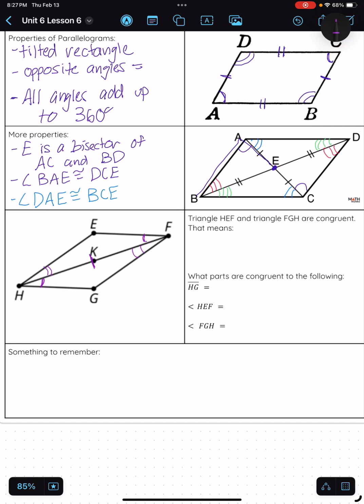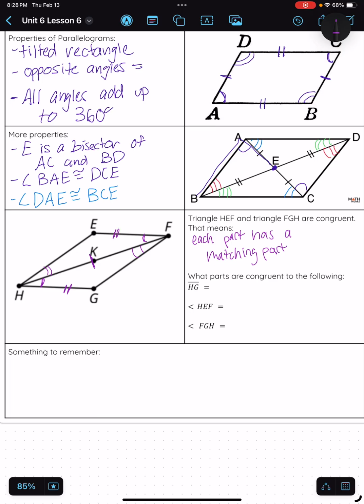Okay? And that means each part has a matching part. So HG down here has a matching part, and it should be the same one that's up here.